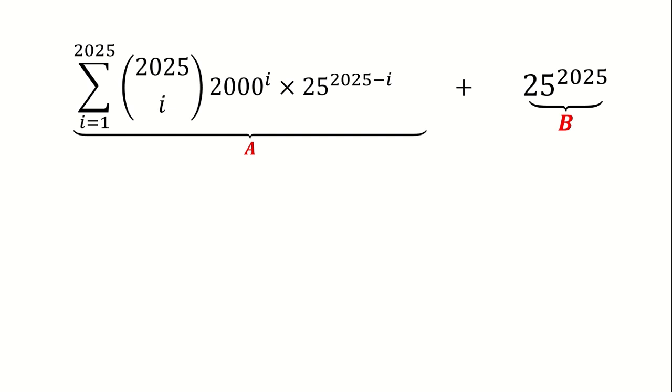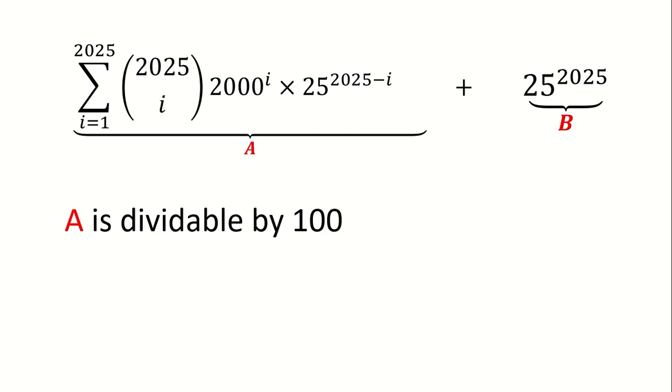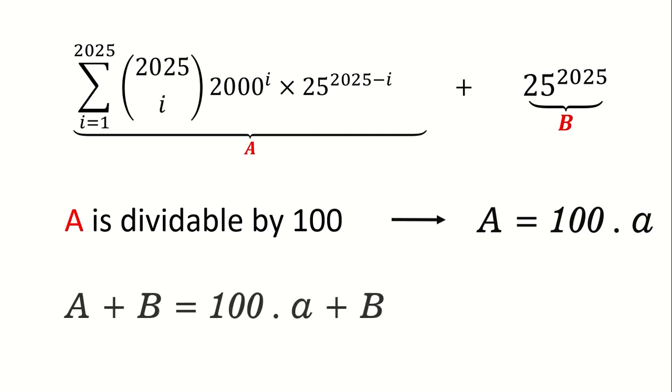The left term has a factor of 100 because 2000 has a factor of 100 and every power is bigger than or equal to 1. So A is divisible by 100, and A is equal to 100 times a, where a is an arbitrary number. Then we can write the whole number as A plus B, which is 100a plus B, and we just need to find B.